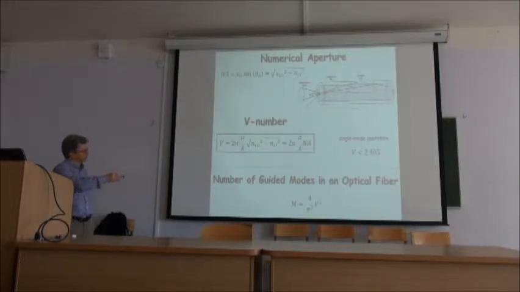In this case, this square root here is actually the numerical aperture. So we relate the V number with the ratio of the radius over the wavelength, times the numerical aperture. In a way, this is the phase space of my waveguide. The larger the diameter, the larger the numerical aperture, the larger the V number.